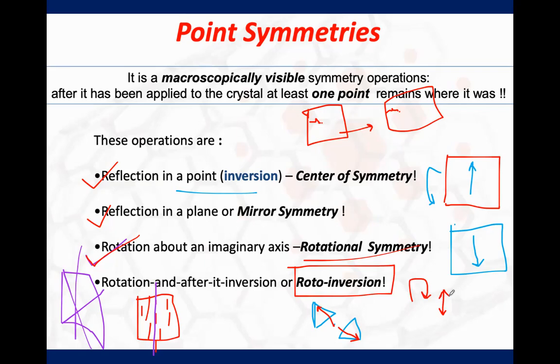That is another symmetric operation which you will have, roto-inversion. Just inversion will not make the same shape, but roto-inversion will make the same shape for some crystals. So roto-inversion is not available for all crystal systems, only for some crystals. We'll see some examples later.